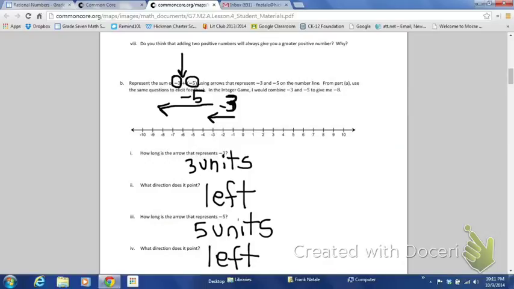Here's 3, here's 4, 5, 6, 7, 8, 9, 10. The number looks like it's getting bigger. But the truth is, its value is getting smaller. -10 is less than -1. You are further and further into debt, into the negative space.